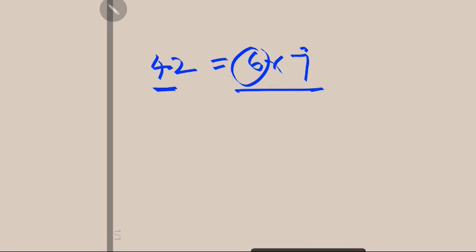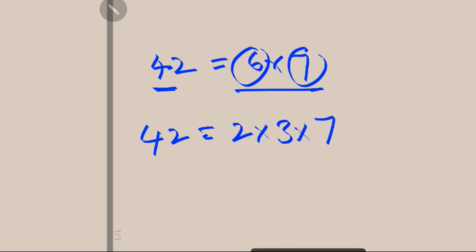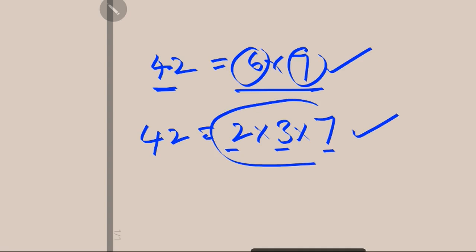Here 6 and 7 are the factors of 42, or otherwise we can write 42 as 2 into 3 into 7. Here you see 2 3s are 6, 6 7s are 42. Even 2, 3, 7 are factors of 42, and this is factorization. This is prime factorization, because in the factors only prime numbers are there.